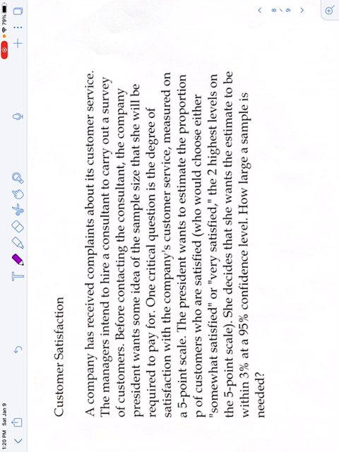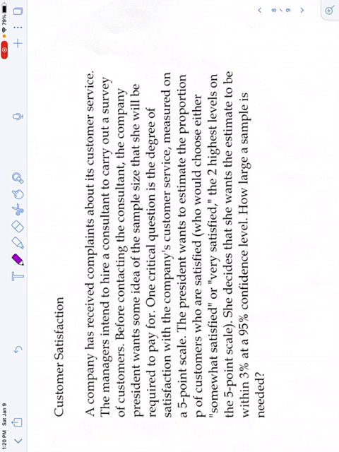Customer satisfaction. A company has received complaints about its customer service. The managers intend to hire a consultant to carry out a survey of customers, but before contacting the consultant, the company president wants some idea of the sample size that he or she will be required to pay for. One critical question is the degree of satisfaction with the company's customer service measured on a 5-point scale.